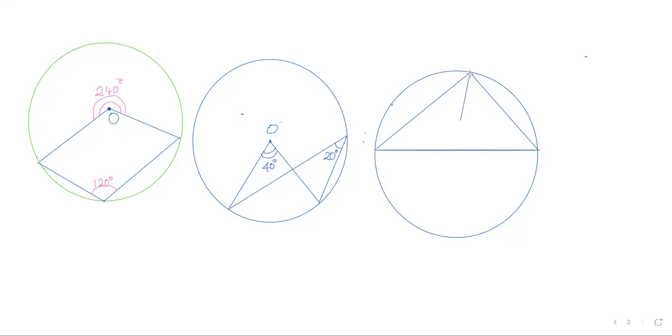This one comes here. And let's see what we know here.